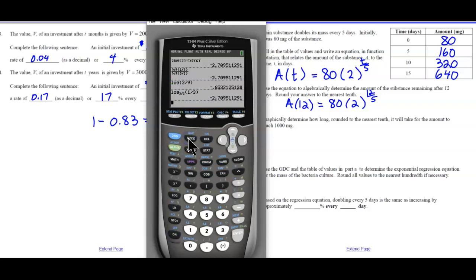But by algebraically determining, you're showing the substitution. And answering to the nearest tenth. And this is milligrams.